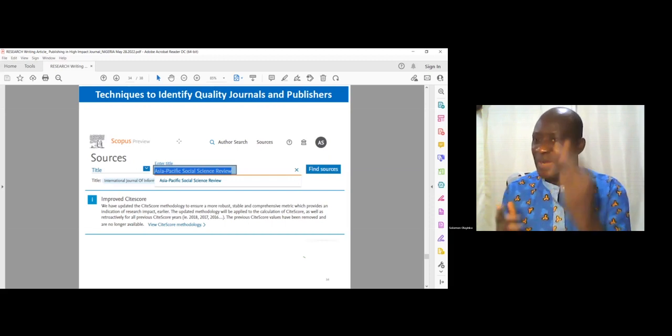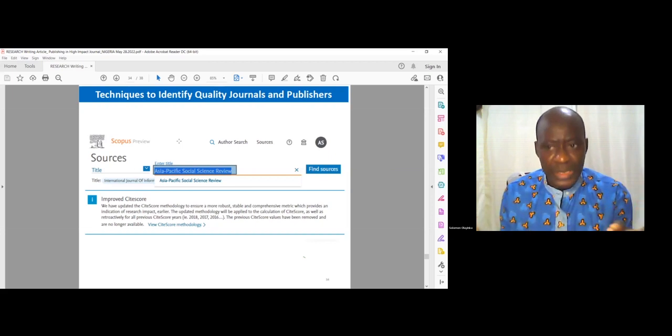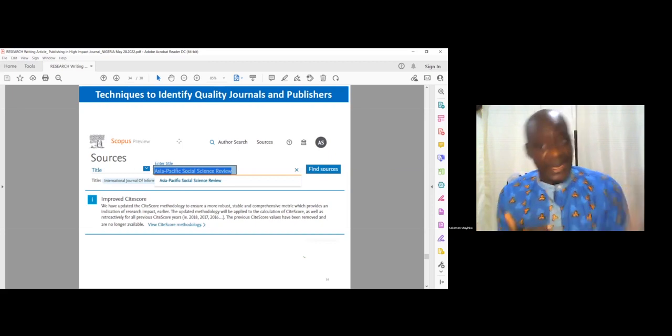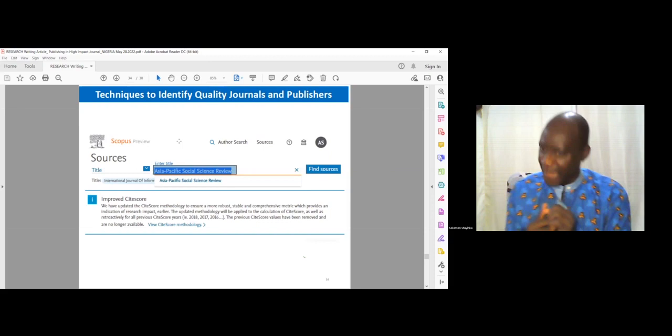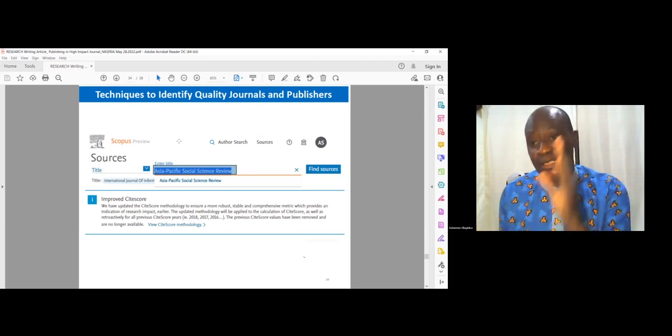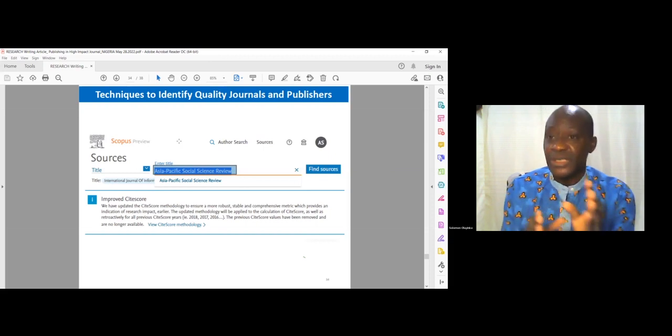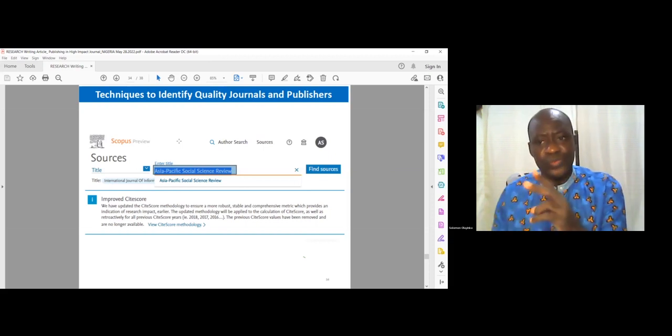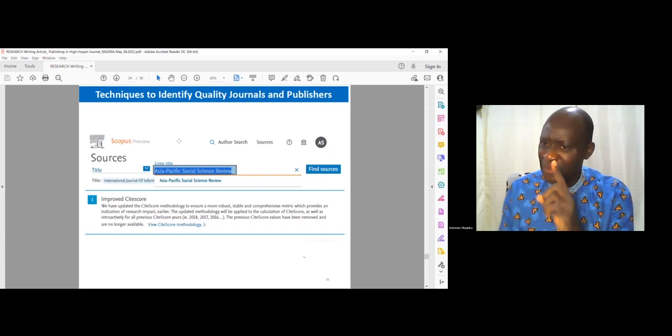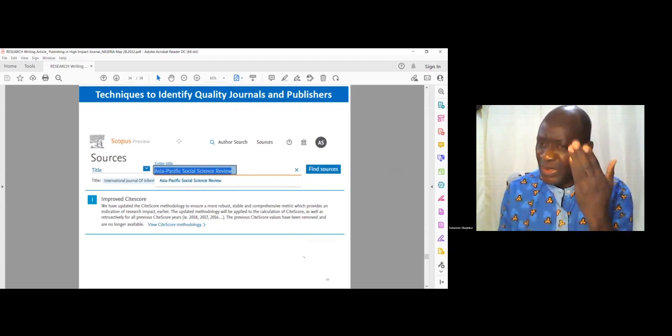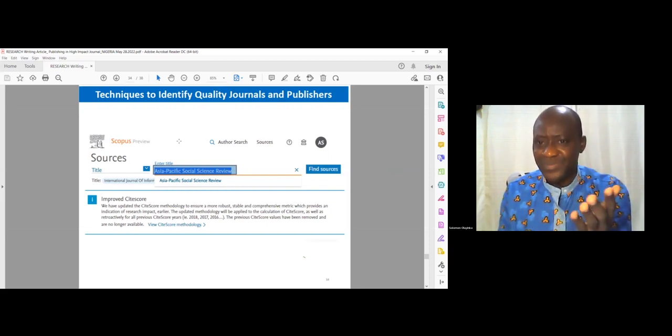So I quickly did the three checks. When they sent the link, I checked SCImago: the journal was not there. I checked Scopus: the paper was there. Wow, now I'm confused. I checked the predatory list: it wasn't there. Two okay, one not okay. I began to be curious. Why not in SCImago?